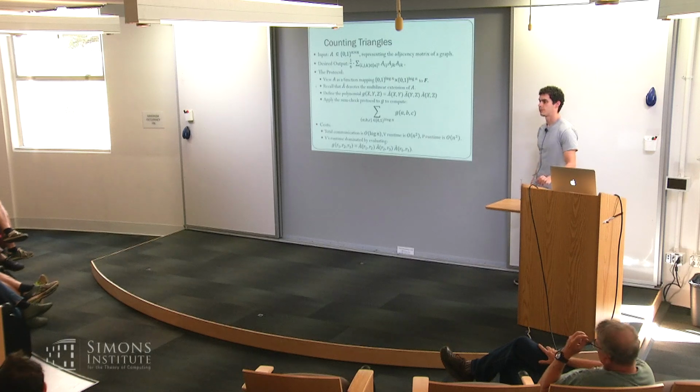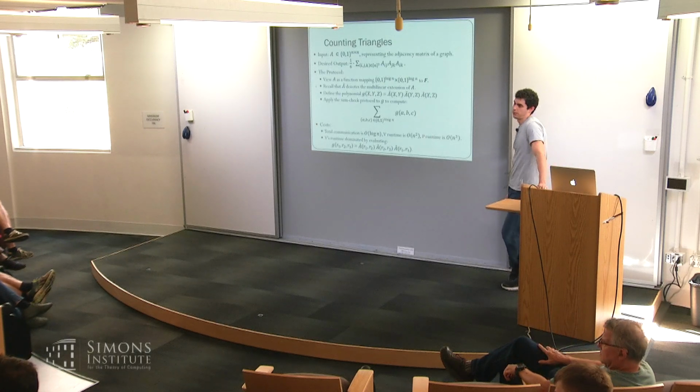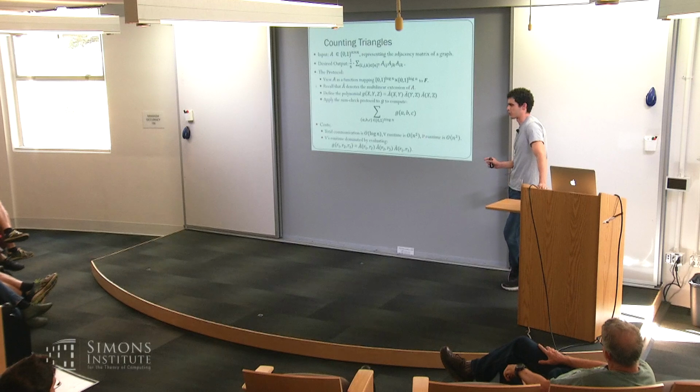You said you can reduce the prover's complexity to matrix multiplication. What would be the trick? The key is to use a non-trivial, optimal interactive proof for matrix multiplication.